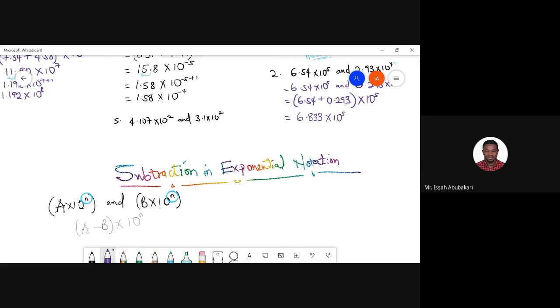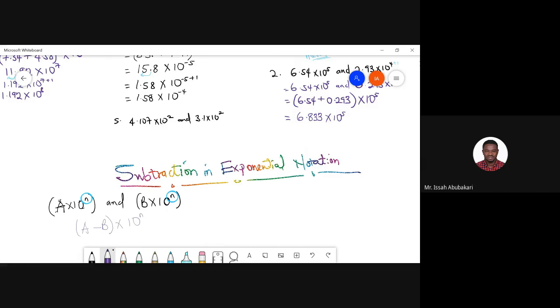We can only subtract these two numbers if and only if the powers are the same. But in a situation whereby the powers are different, it simply means you have to make one of the powers the same. You have to either convert the smaller one to the bigger one or convert the bigger one to the smaller one before we can perform the operation.